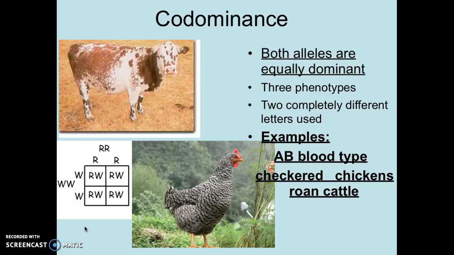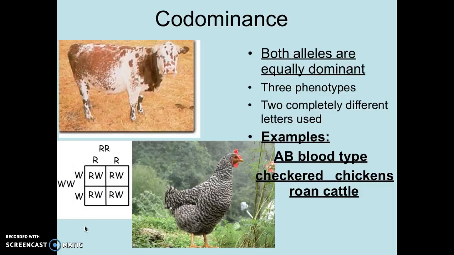Noted here on this slide, you see 2 examples. A roan cow, that's a mating between a red and a white cow, and they get the splotchy red and white. We have the checkered chicken, also known as Andalusian, and they have that black and white pattern. And then something that we might be more familiar with is our AB blood type. Because it's AB, it has equal strength.